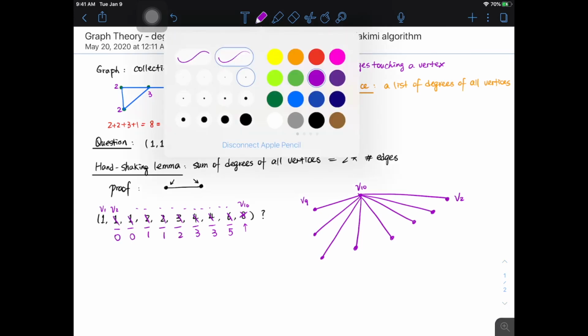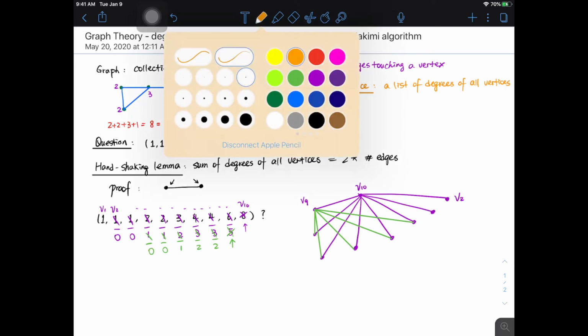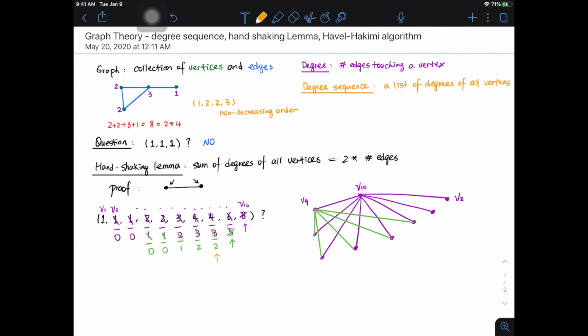Now we'll repeat the same procedure. We'll start with the vertex with the largest degree, and connect it to 5 vertices with the largest remaining degree. So V9 will be connecting to these. Once we've done this, we can update the degrees again. So 5 is gone, and all the other ones will be 1 less. Again, we'll pick the one with the highest degree, and it will be connected to these two.